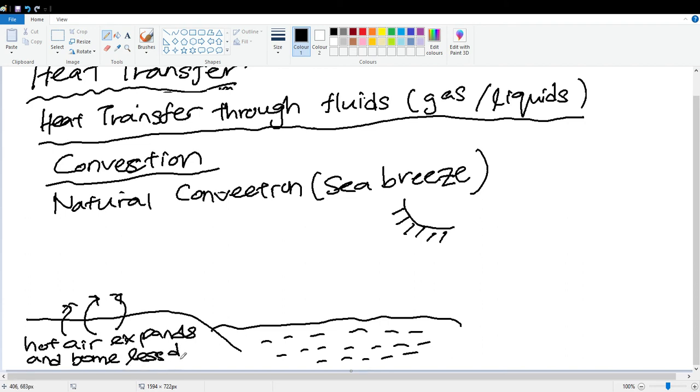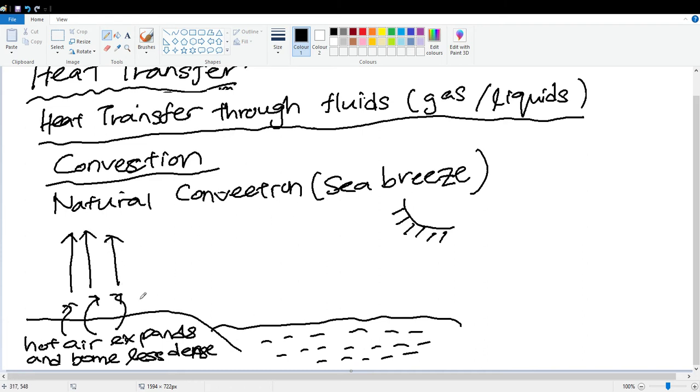The higher the temperature of the air, the lower the density of the hot air. And since the air keeps expanding and becomes less dense, it will finally flow up to the sky.